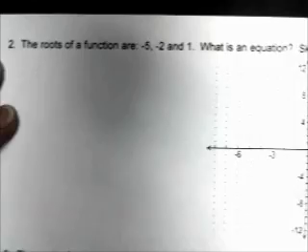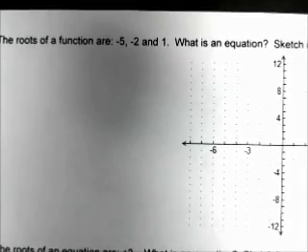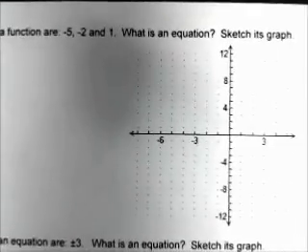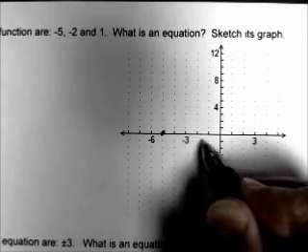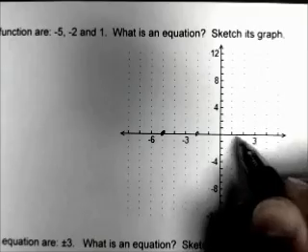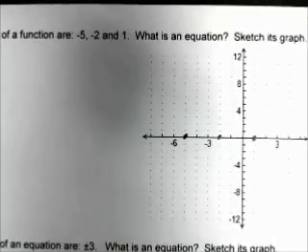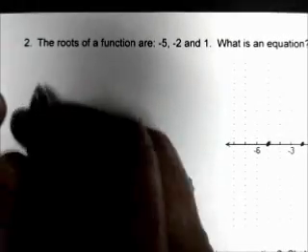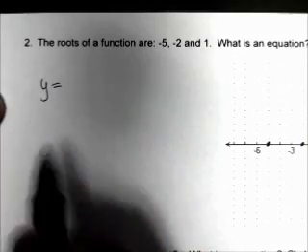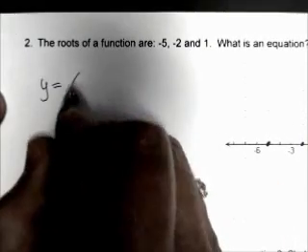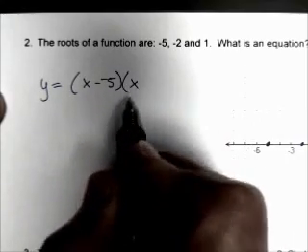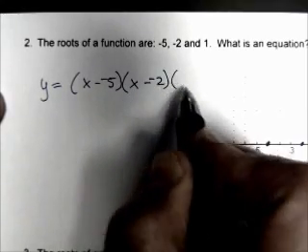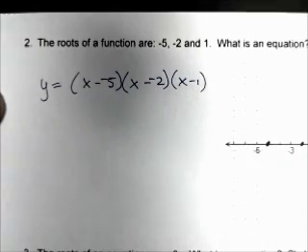Three more problems of this type. The roots of a function are -5, -2, and 1. What is an equation? Sketch its graph. So y equals x minus -5 times x minus -2 times x minus 1.